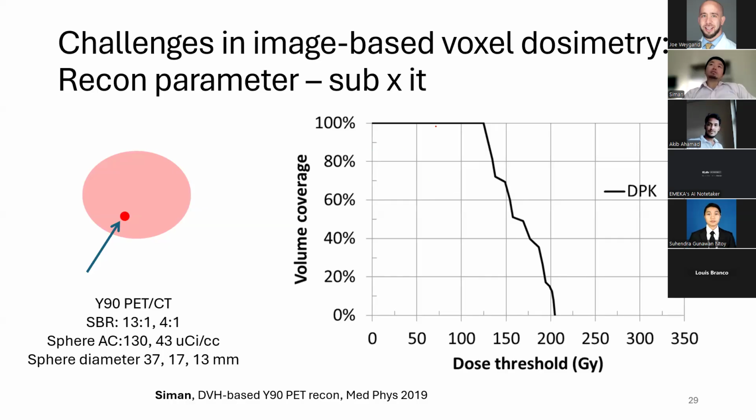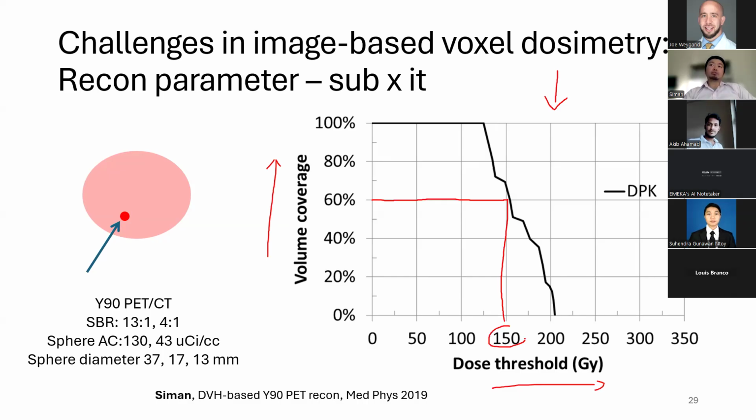What I'm showing in the curve on the right-hand side is called a dose volume histogram. On the x-axis is a dose threshold, and the y-axis is volume coverage. How you read it is, for example, if you draw a line over here, 60% of the volume receives at least 150 gray.